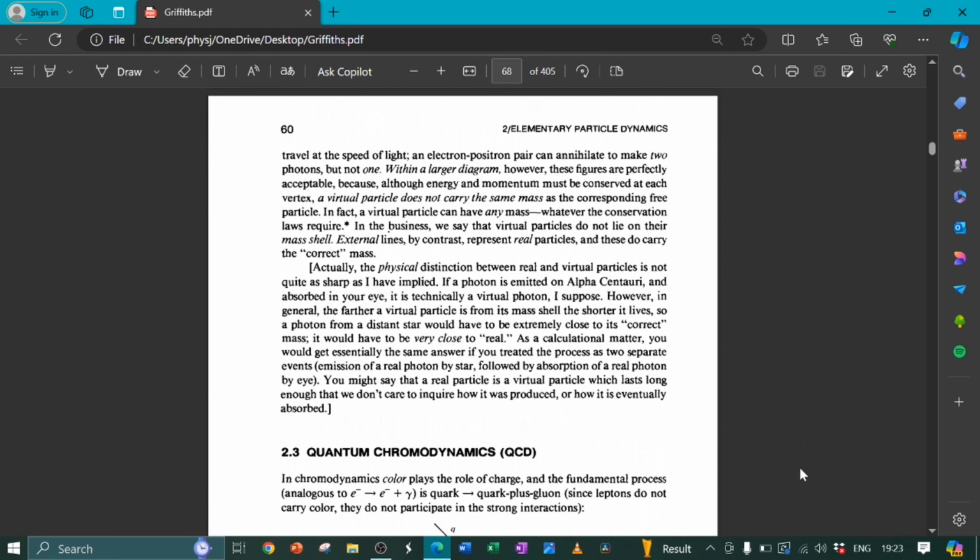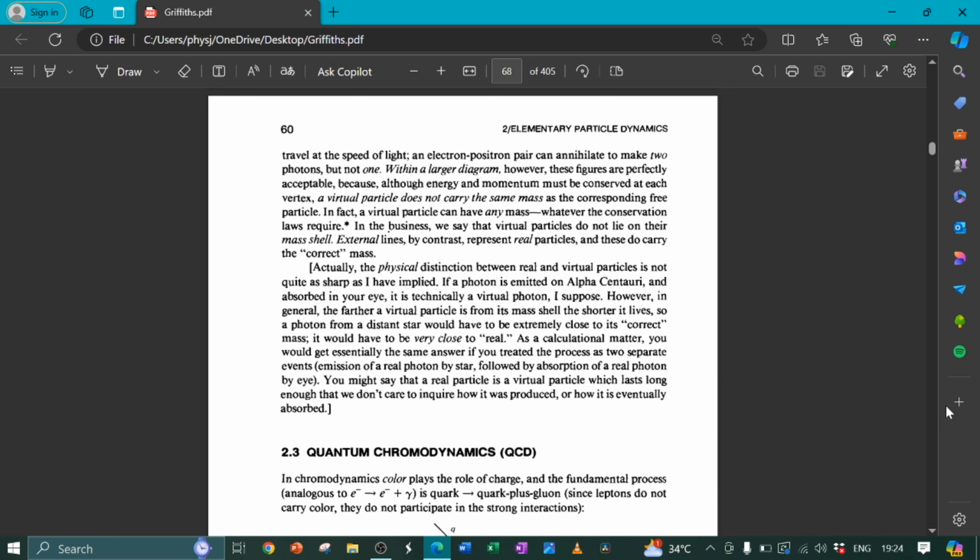In the business, we say that virtual particles do not lie on their mass shell. External lines, by contrast, represent real particles, and these do carry the correct mass. Actually, the physical distinction between real and virtual particles is not quite as sharp as I have implied. If a photon is emitted on Alpha Centauri and absorbed in your eye, it is technically a virtual photon, I suppose.